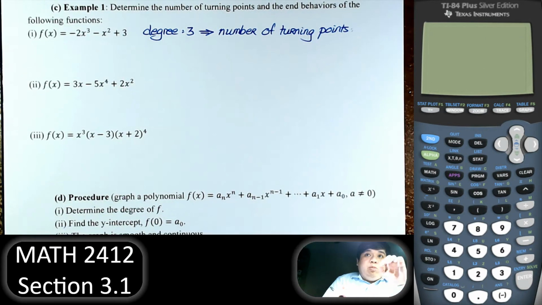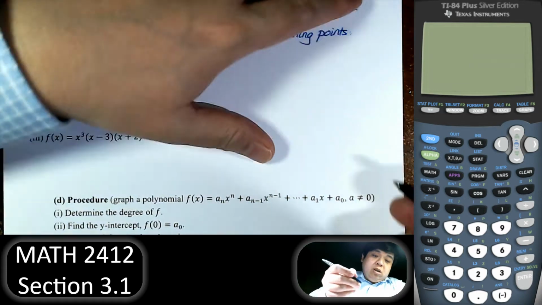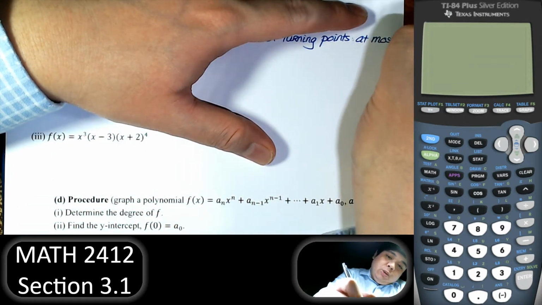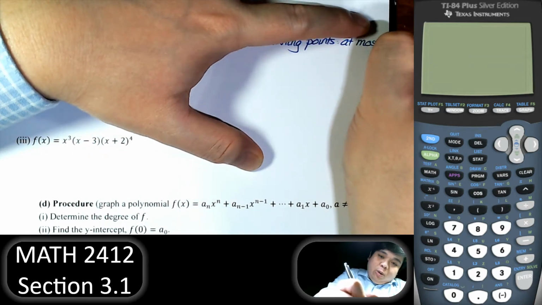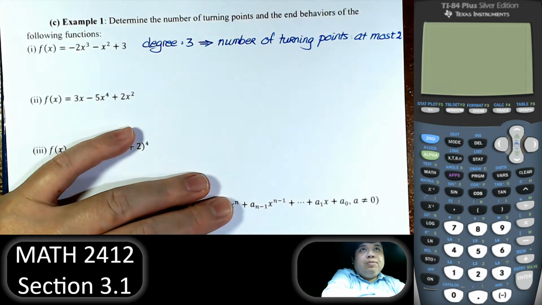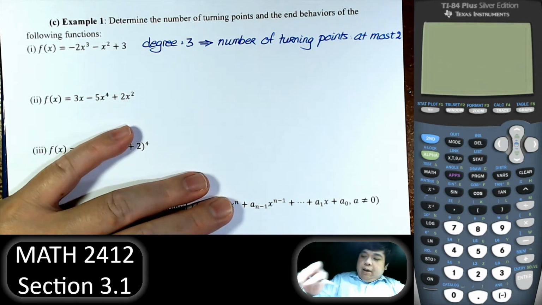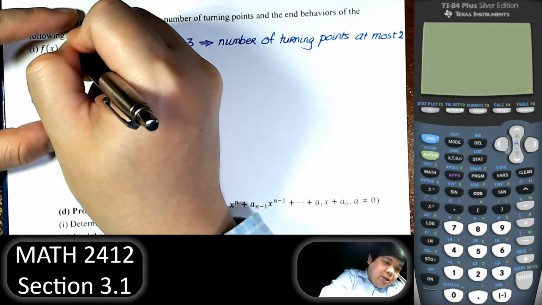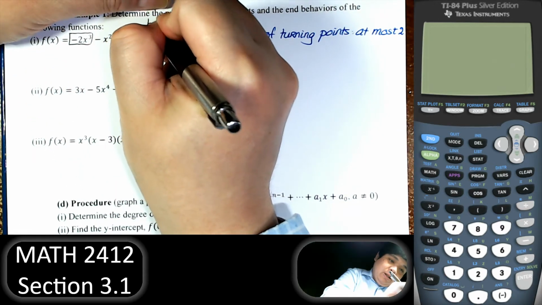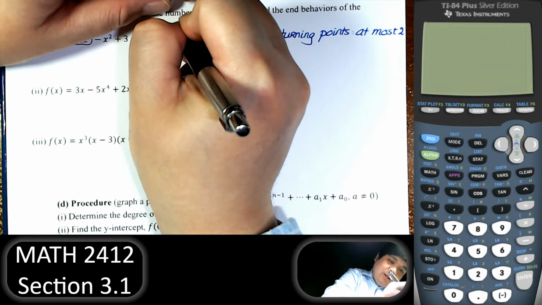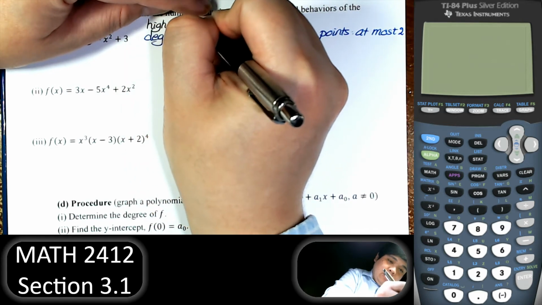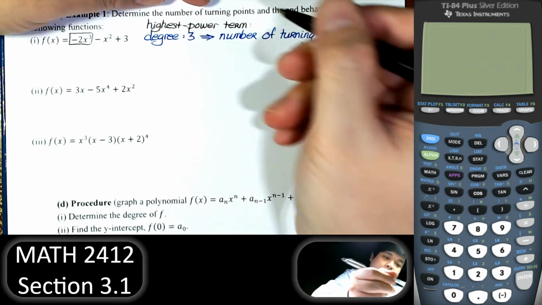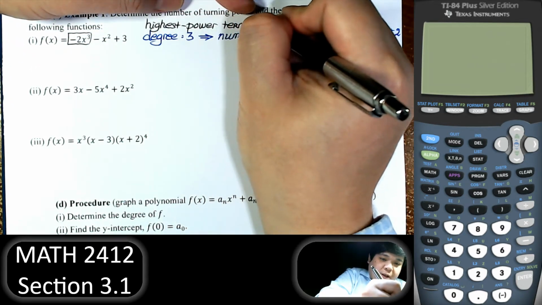It's not exactly 3 minus 1, but it is at most 2, one less than the degree. By the way, we need to look at the highest power term, which is this. We say negative 2x cubed.